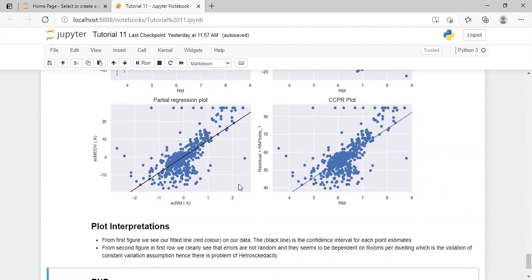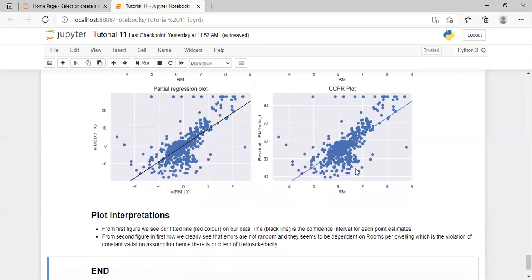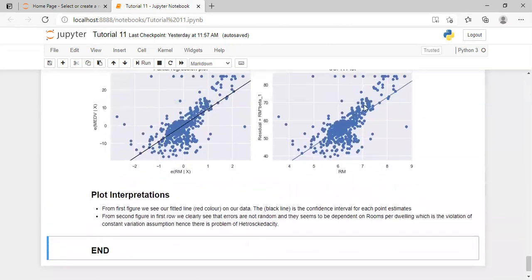So a better understanding of regression would allow you to apply most of the concepts on datasets and to check the assumptions of our data, and whether these assumptions are being satisfied by the regression. So I hope you get an understanding, and this is all for tutorial 11.